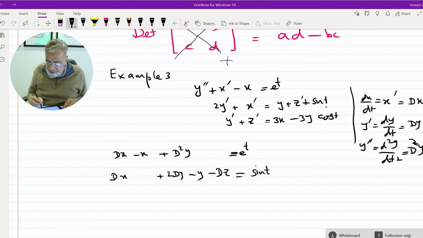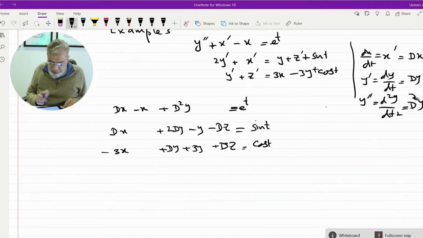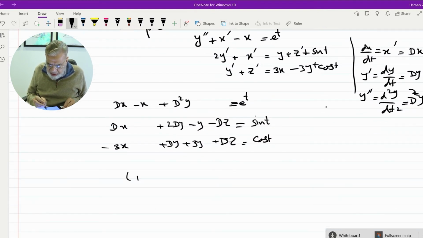For the third equation, y dash, we have 3x, and we take it on the right hand side. First we write x, then for y it is plus dy, then taking y to the other side we get 3y, minus becomes plus, and plus z dash, which is dz, and this is equal to cosine t. So we take x common, and we can write the equation as D minus 1 as the coefficient of x, the coefficient of y is D squared, and we have e to power t.